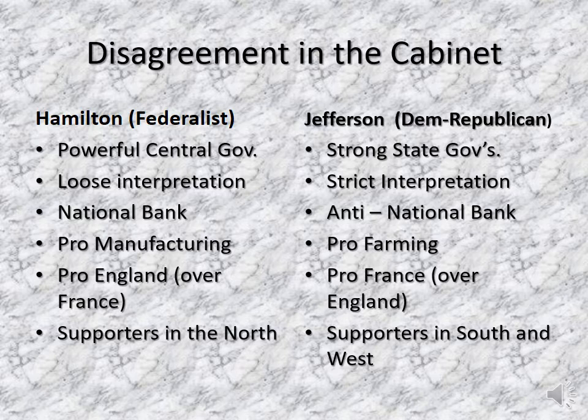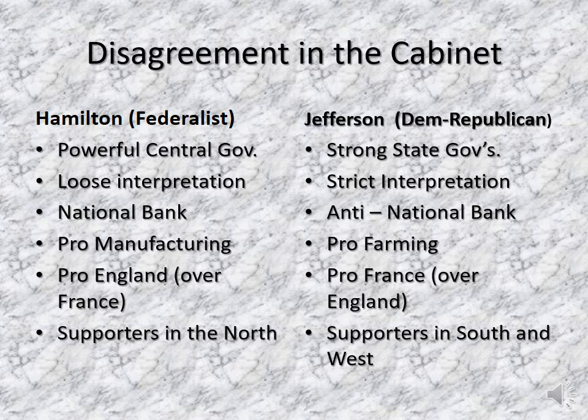And him and his quote-unquote party, okay, thought that the central government should be powerful and that there should be a loose interpretation when it comes to interpreting the Constitution. And he was in favor, and they were in favor of a national bank.